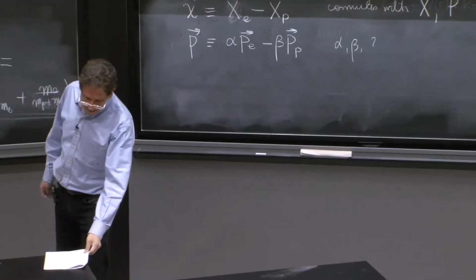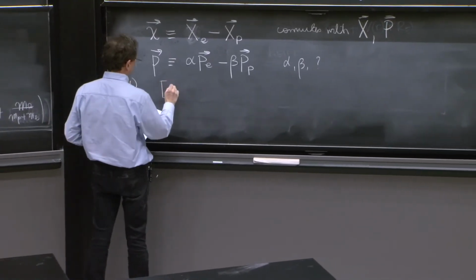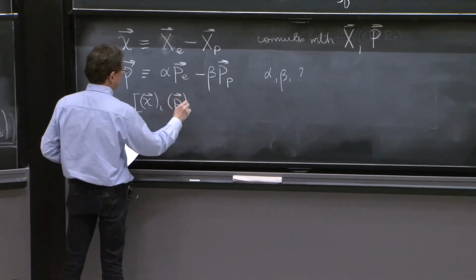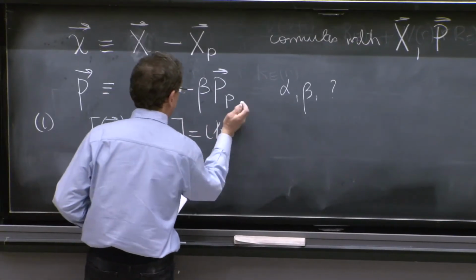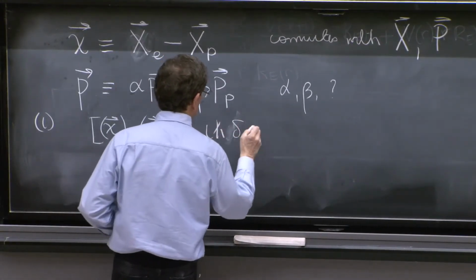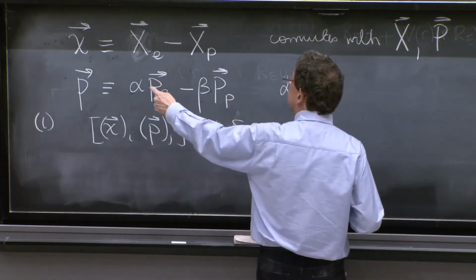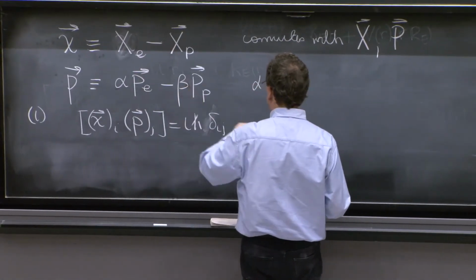In fact, the condition that x_i with p-bar_j give you iħ delta_ij, you can imagine what it is: alpha plus beta is equal to 1.